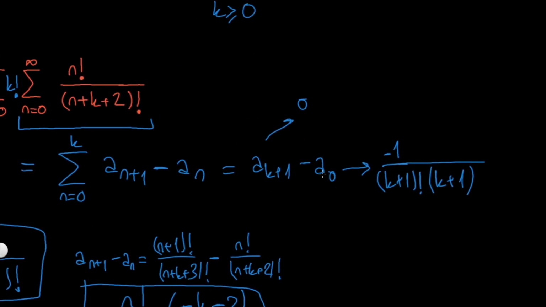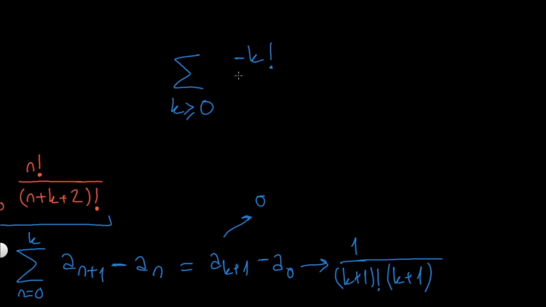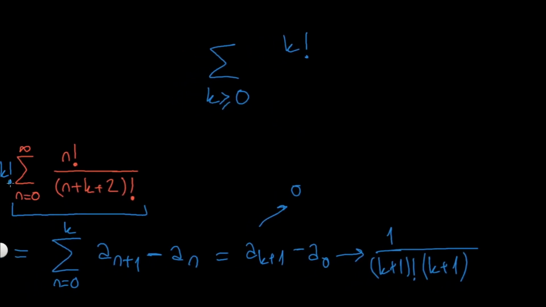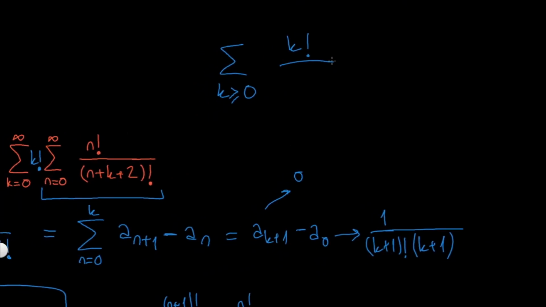Yeah, I don't have it because I said minus a_0. But here this thing was plus a_0, so this will be a plus. So my sum is gonna be, so this will be plus. I'm gonna have my k factorial from here, and also this thing, k plus 1 factorial, k plus 1. Perfect.